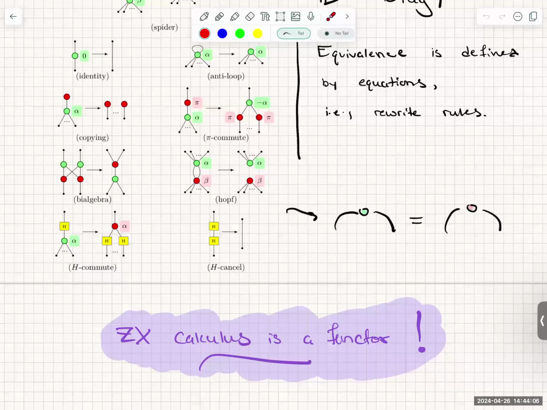If you're familiar with the physics, you know that your Bell states, which is what the caps correspond to, look something like this, which when you expand it out is the same thing as plus plus, minus minus. So this is another one of those rewrite rules.